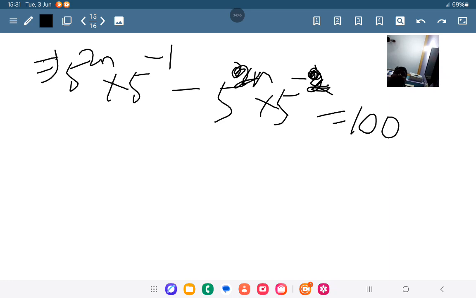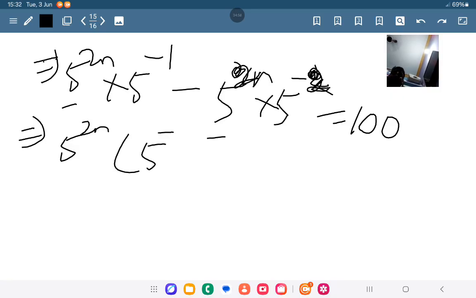So here 5 to the power 2n is common in both the terms. Now you can write 5 to the power minus 1 minus 5 to the power minus 2 is equal to 100.